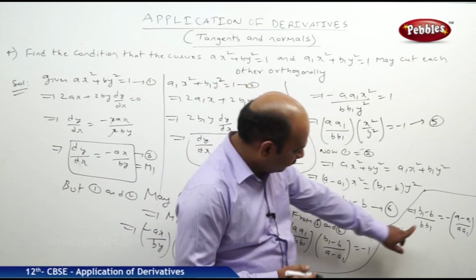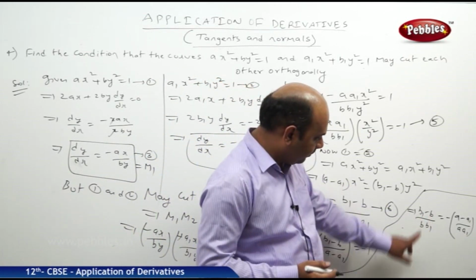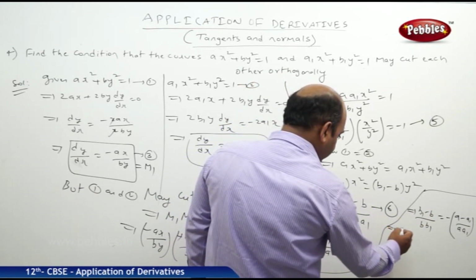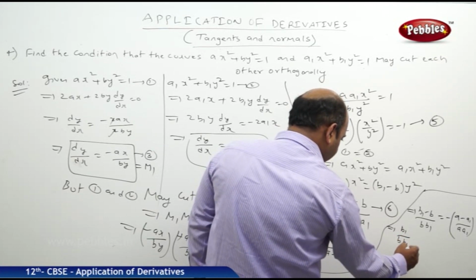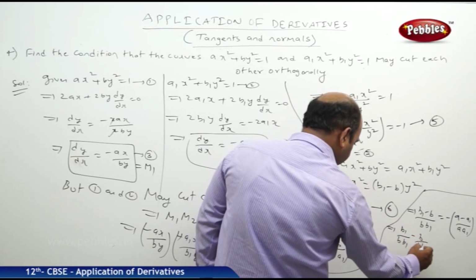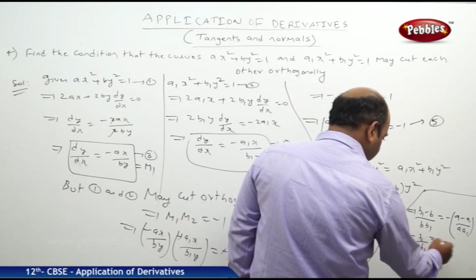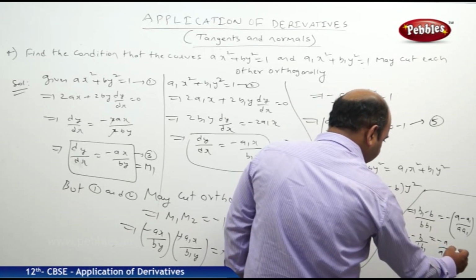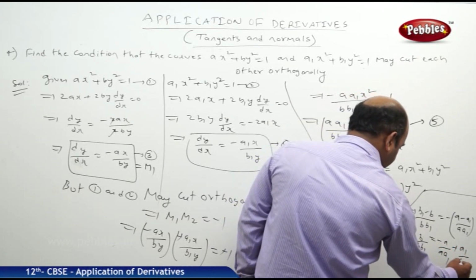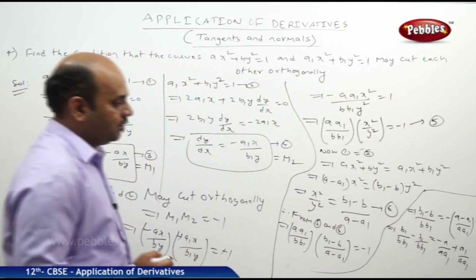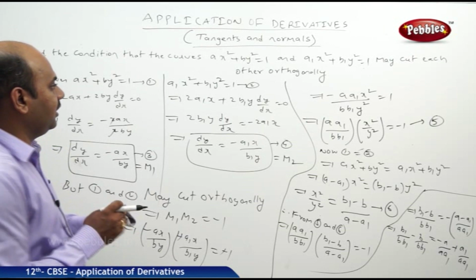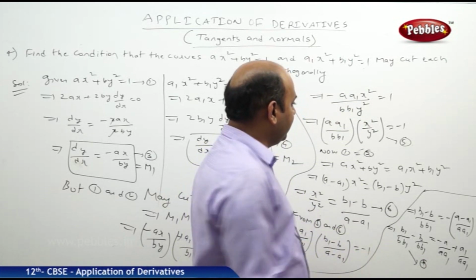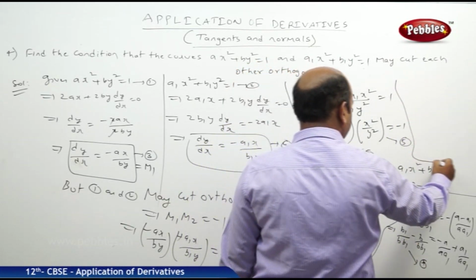Now a minus b by c means a by c minus b by c. So what happens? b1 by b1 minus b by b1 is equal to minus a by a1 plus a1 by a1. So later I will write the continuation here. I kept a star mark here, so I am continuing in this part in a small line.